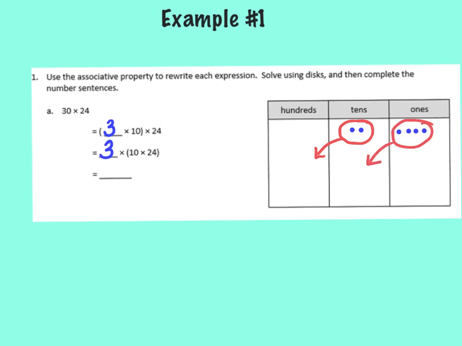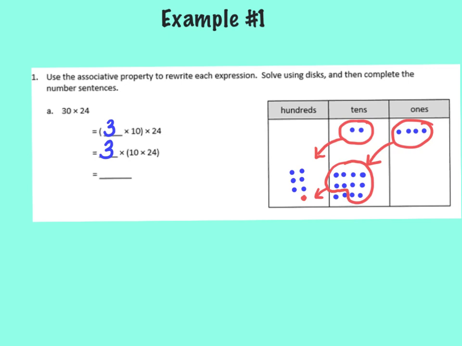Now we have 2 in the hundreds and 4 in the tens. To multiply this by 3, we are going to do this 3 times in each of the place values. We can see here that there is a bundle of 10 in the tens place, so we are going to move this over to the hundreds and add one more dot to the hundreds place.